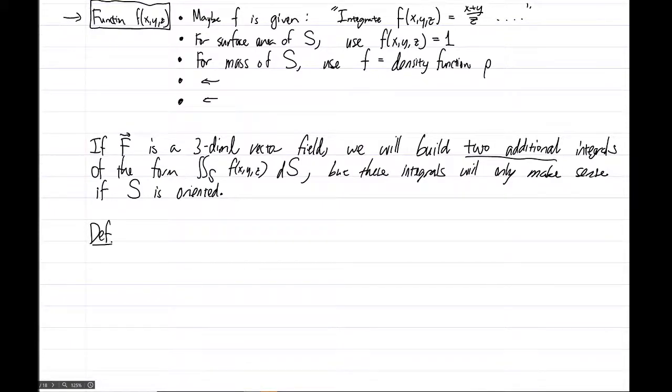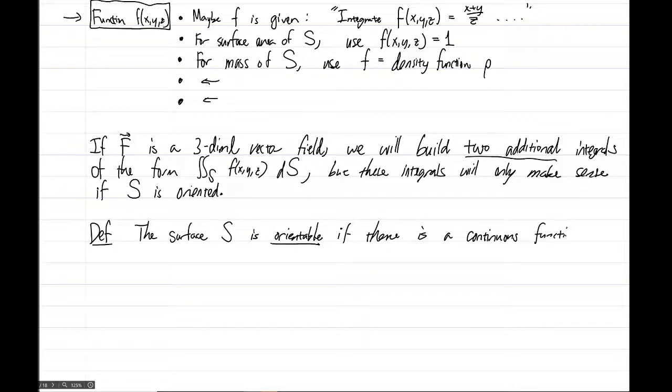So the official definition looks like this. The surface S is orientable if there is a continuous function. It is important that this is a continuous function, not just any function. We'll name this n arrow.